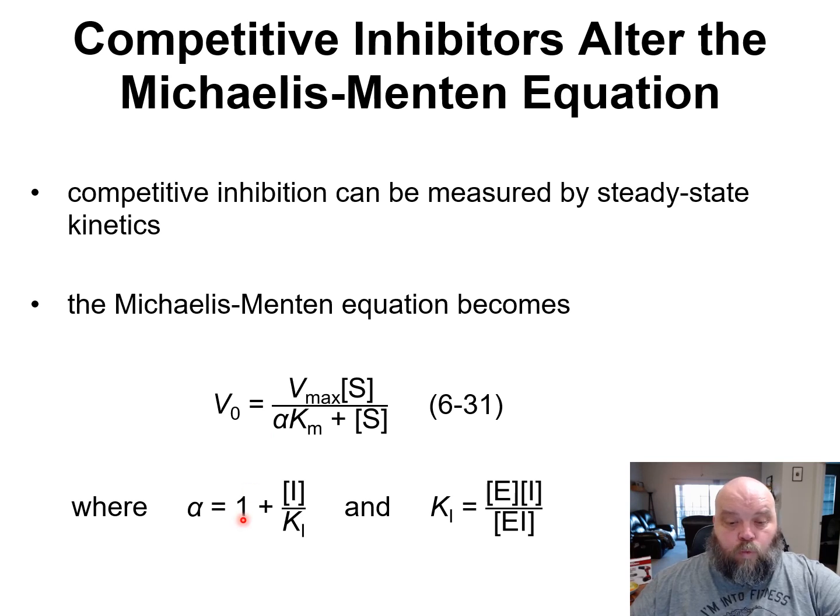Alpha is 1 plus the concentration of inhibitor divided by Ki. Ki, the inhibitor constant, is the total concentration of E times the total I, divided by the EI. Remember, this is going to be fleeting. This isn't a true ES like we've seen before.